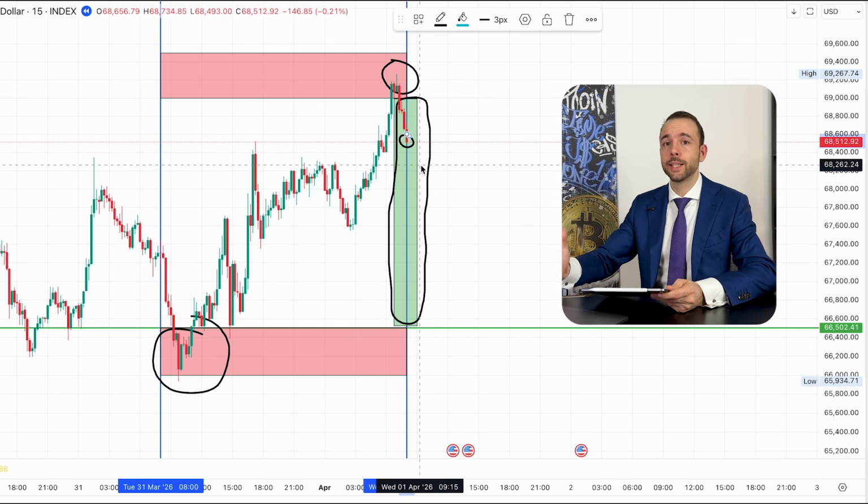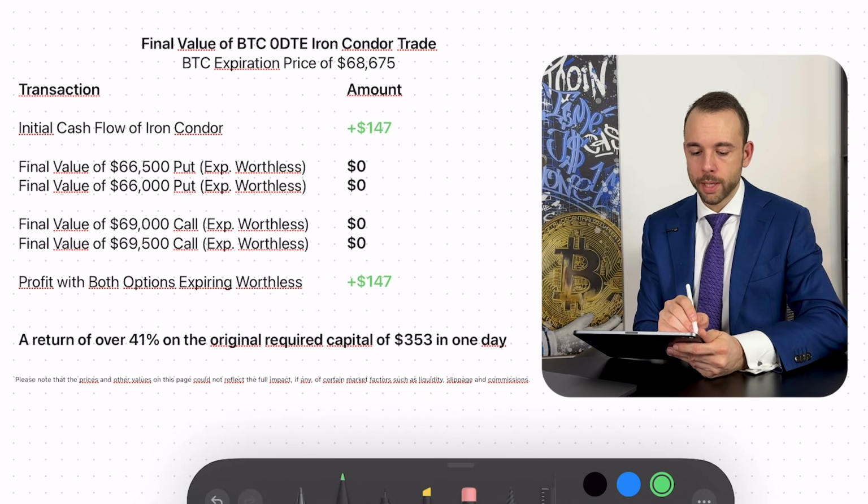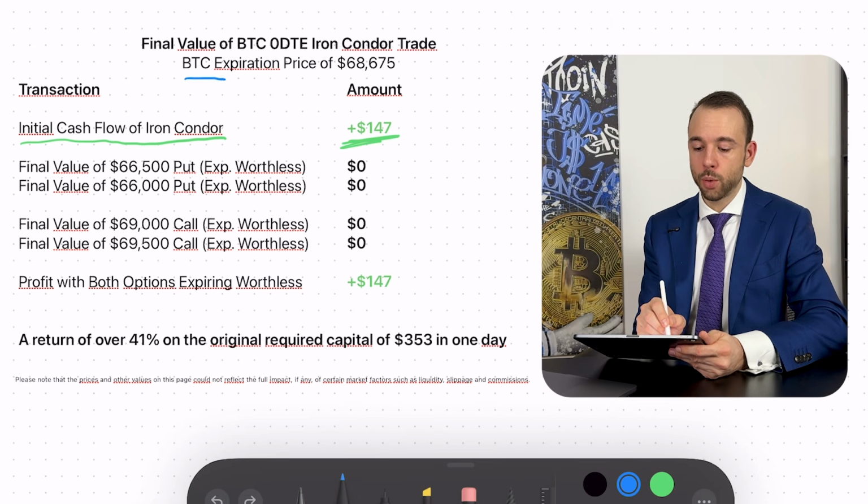And as a result, the trade was successful. And let's take a look at the numbers and how exactly successful this trade was. So here you can see once again the initial cash flow from the Iron Condor was equal to $147. The Bitcoin price at the expiration was equal to $68,700. And this is exactly in between the puts and call options.